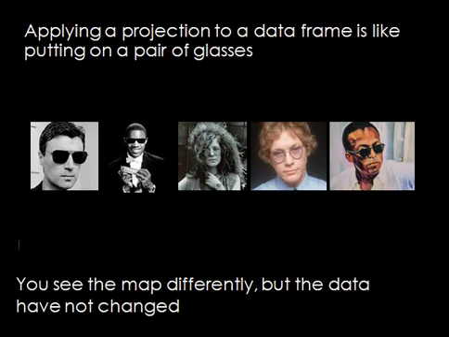You can see the different images when wearing a pair of glasses, which is the same as a map that, when projected, will be seen differently, but the data is not changed.